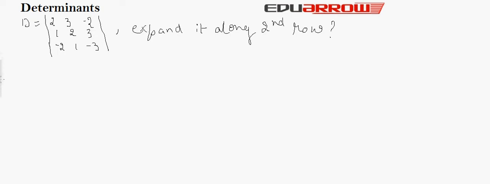So determinant D will be equal to: common element, minus 1 to the power 2 plus 1, meaning second row, first column. Common element is 2 and the remaining elements are 3, minus 2, 1 and minus 3.